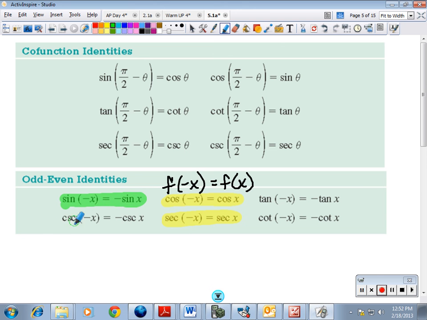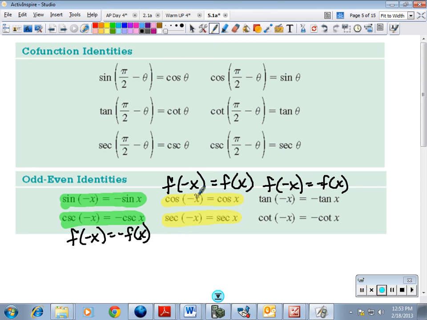Sine and cosecant are odd, and f of negative x equals negative f of x if they're odd. And tan and cotan appear to be odd as well. They're going to also do the f of negative x equals negative f of x.